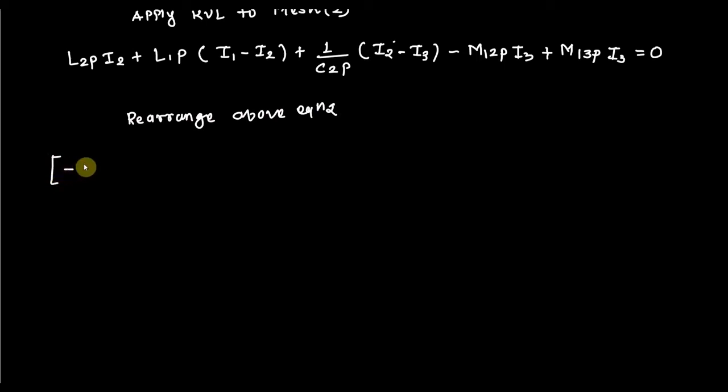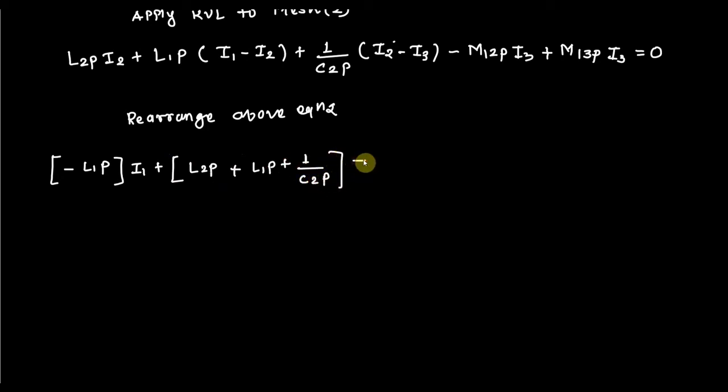So it is minus L1P I1 plus I2 is L2P plus L1P plus 1 upon C2P.